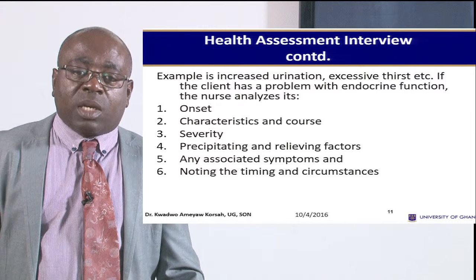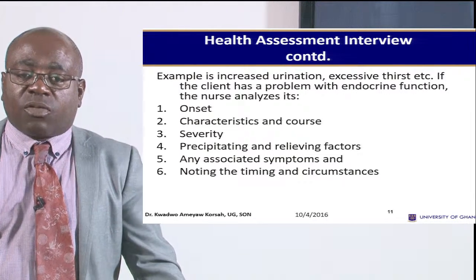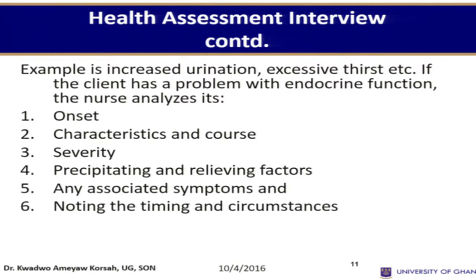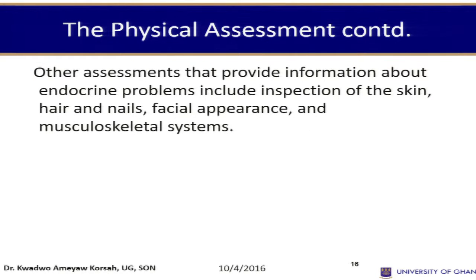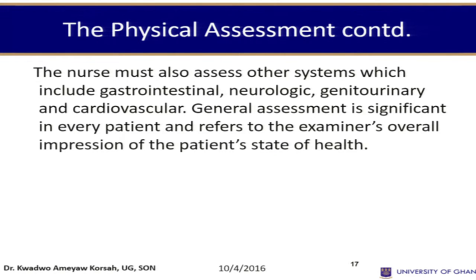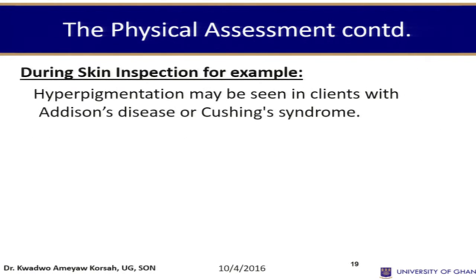An example is increased urination or excessive thirst. If the client has a problem with endocrine function, the nurse analyzes its onset, characteristics, cause, severity, precipitating factors, relieving factors, and other factors we can think about.